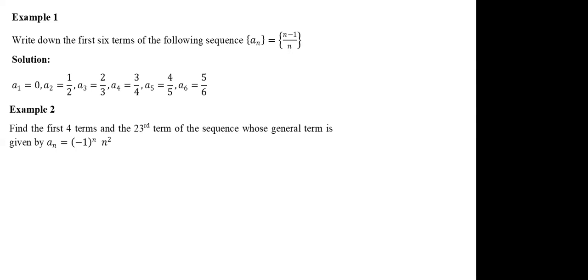Now, I want to get my A1. A1 means n is equal to 1. When n is equal to 1, if I put it inside the general term, I'm going to have minus 1 raised to power 1 times 1 raised to power 2. Minus 1 raised to power 1 will give me minus 1. 1 raised to power 2 will give me 1. 1 times minus 1 will give me minus 1.